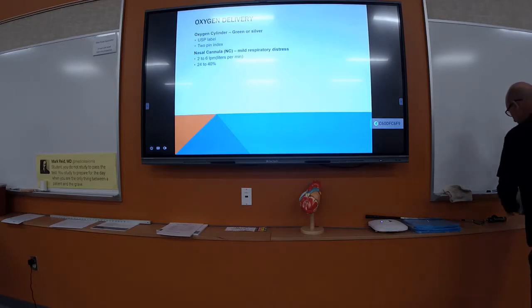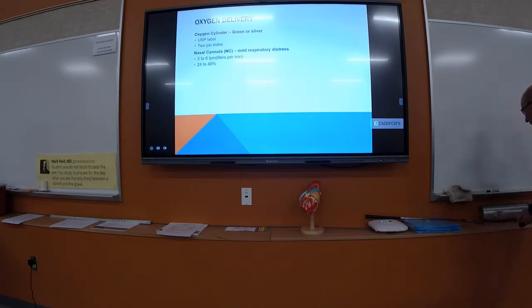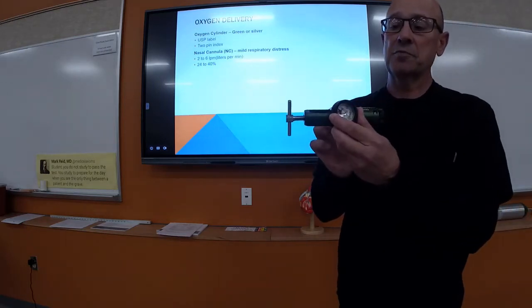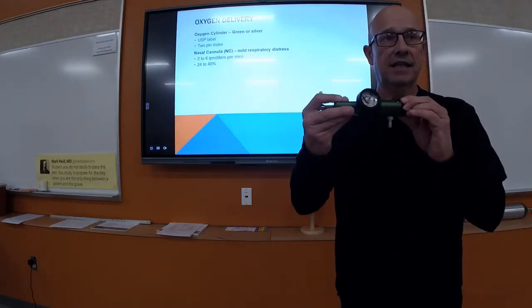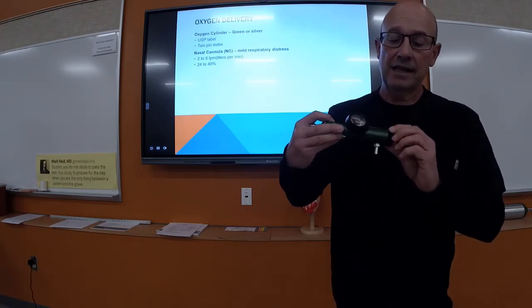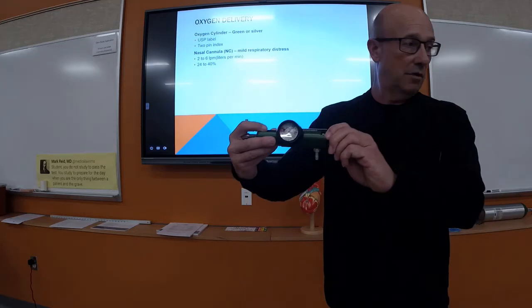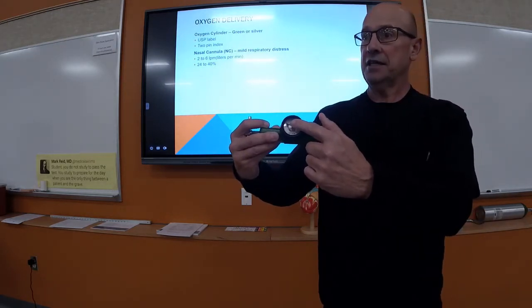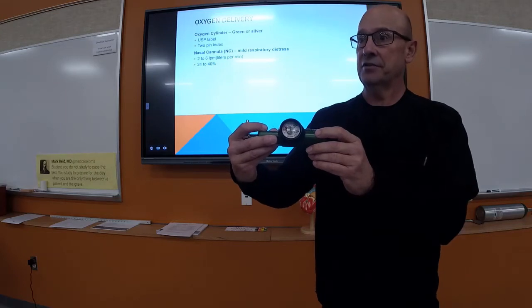It does it by a large spring in the regulator that compresses and makes the air where the patient can actually breathe it. You have the liter flow on one side, and then you have the gauge that tells you how much oxygen is in the cylinder.